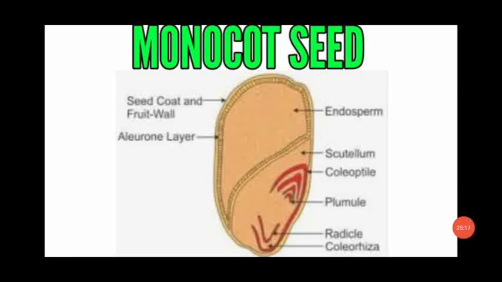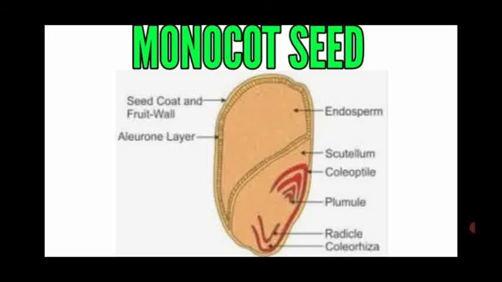This scutellum is absorbing nourishment from the endosperm and gives it to the growing embryo via epithelial tissue or aleurone layer. Below this scutellum, they are having the region called plumule, covered by a sheathy structure called coleoptile. Afterwards, it gives rise to the shoot system.